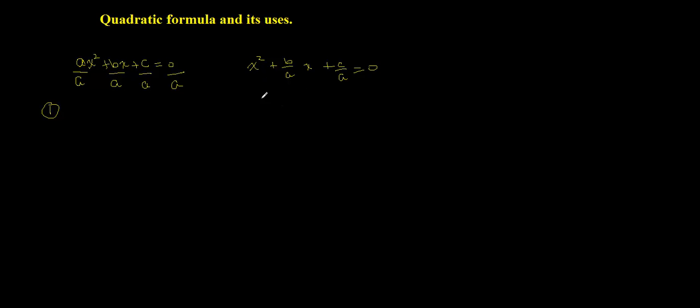And in order to complete the square, we would remove this term here. So I'm going to subtract c over a from both sides of the equal sign. Like this. These will eliminate, and I would end up with x squared plus b over a x equals negative c over a.